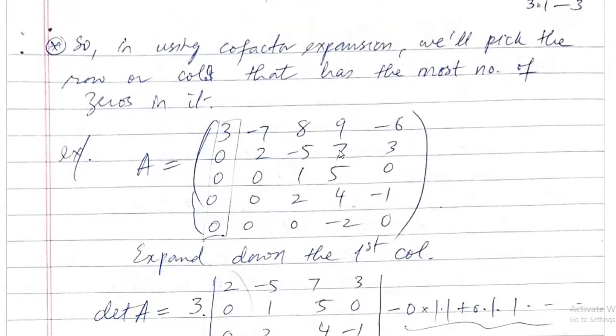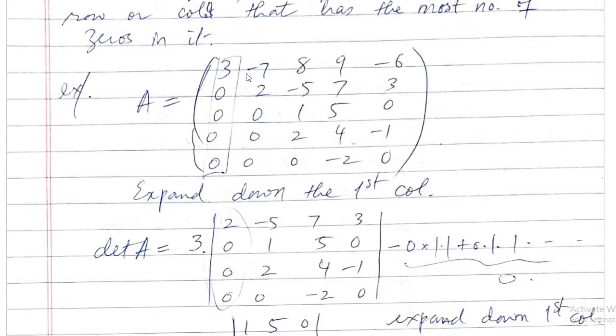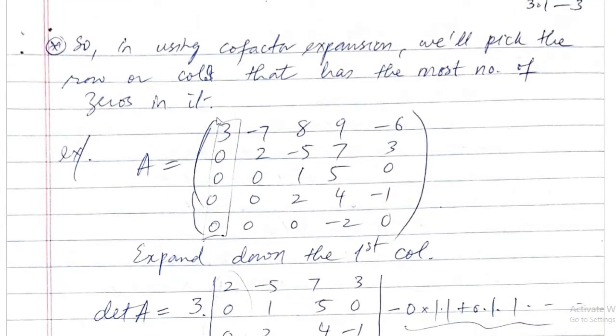Now if you look at this determinant, you can see the first column has a lot of zeros. If I choose the first row instead and find the determinant, I will get 1, 2, 3, 4, 5 determinants in my expansion, because 3 into this whole determinant, then 7 into this whole determinant, 8 into, so you will keep multiplying 5 determinants with these 5 entries.